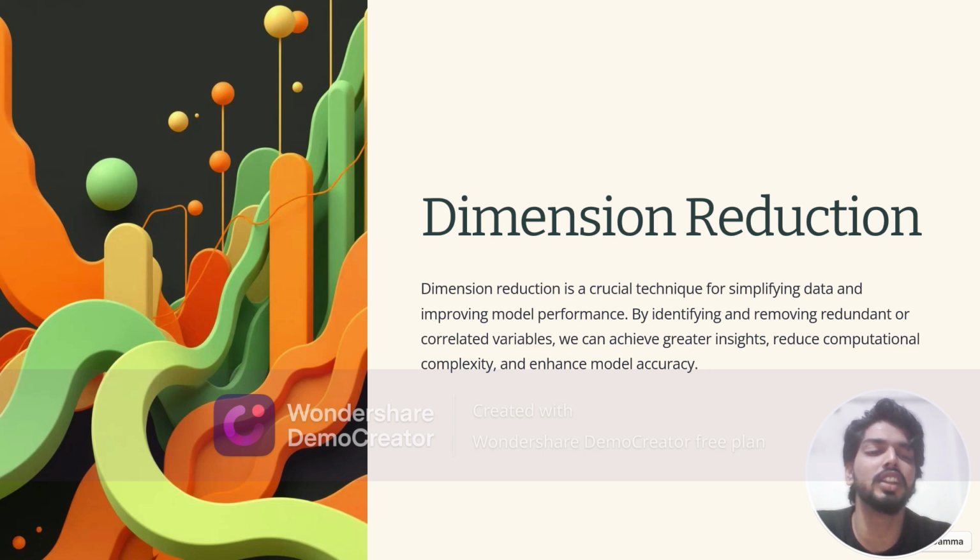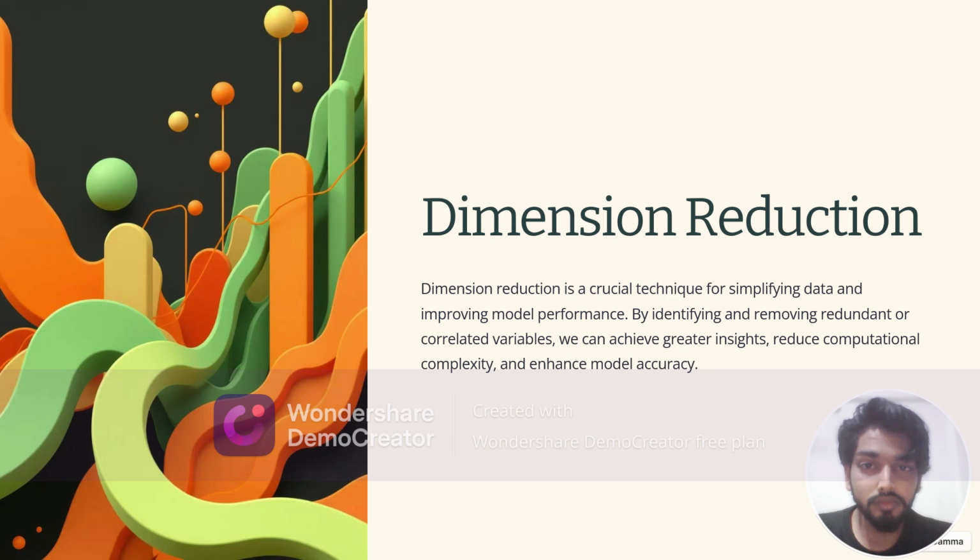Dimension reduction is a crucial technique for simplifying data and improving model performance. By identifying and removing redundant or correlated variables, we can achieve greater insights, reduce computation complexity, and enhance model accuracy. Basically, listen carefully to what I'm saying: to improve the overall performance of our model, we need to apply dimension reduction.